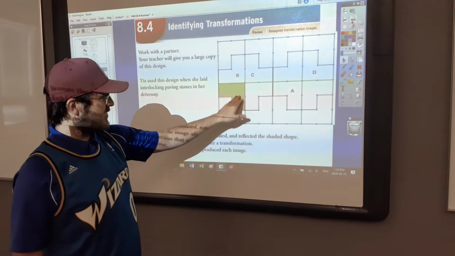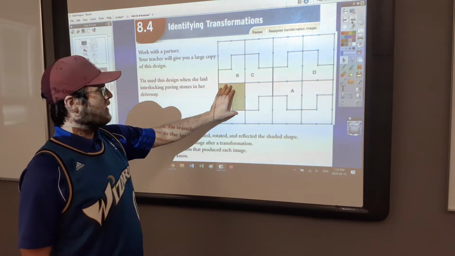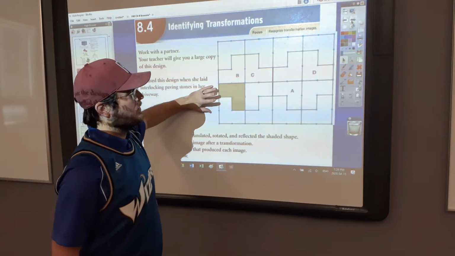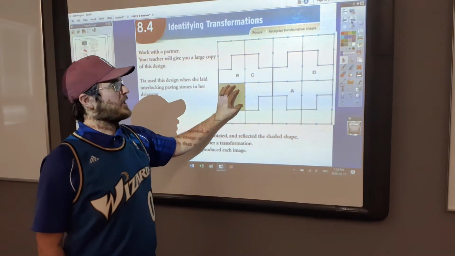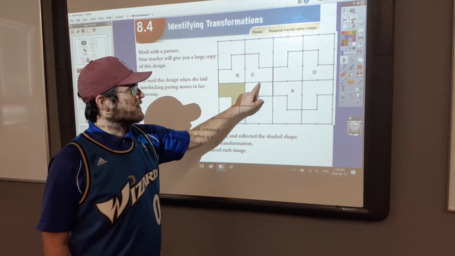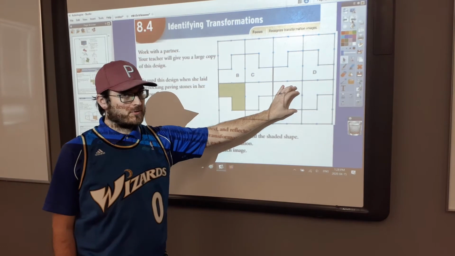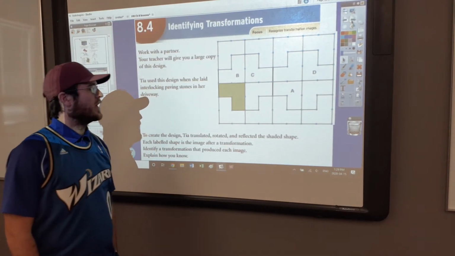So if I'm starting with my shaded in shape here, a pretty straightforward transformation would be a translation. Translation, another way you might have been taught, is just sliding something over. You're translating it over. So from this shape to the shape A, we're actually just moving this 1, 2, 3, 4. So it's being translated 4 to the right. Okay, so those ones usually are the easiest ones, translations.